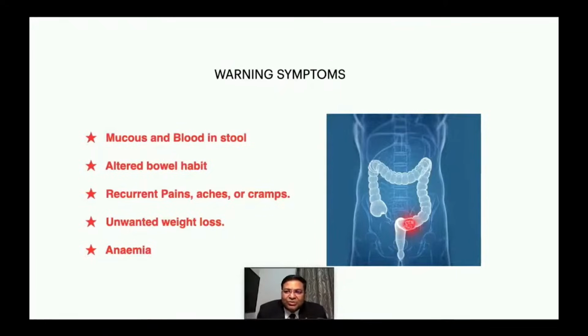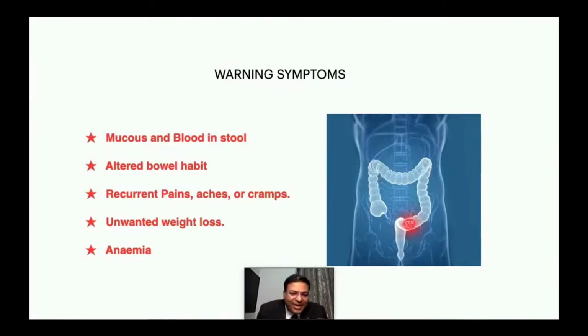After passing motion, you don't feel that it has completely come out. You have the sense of incomplete evacuation. You have alternate constipation followed by diarrhea. These are labeled as altered bowel habit.